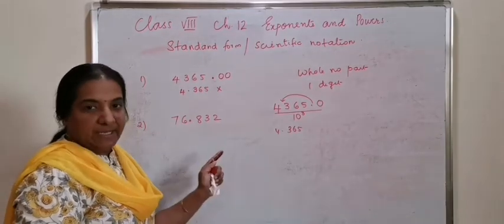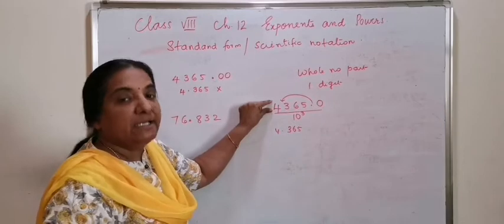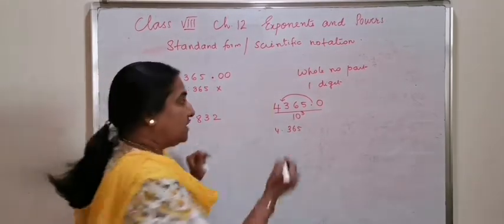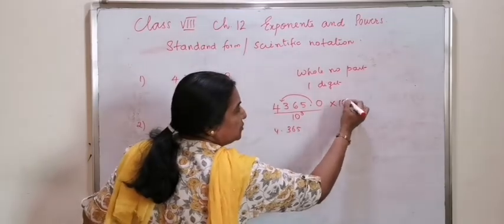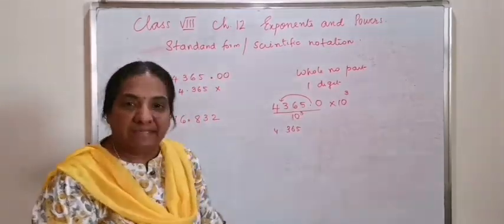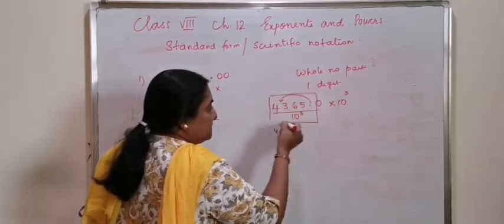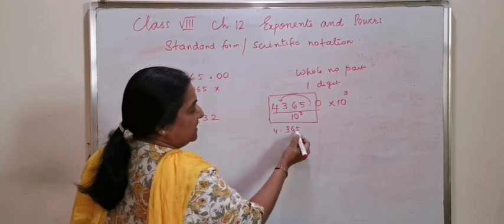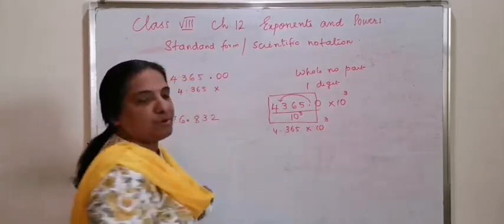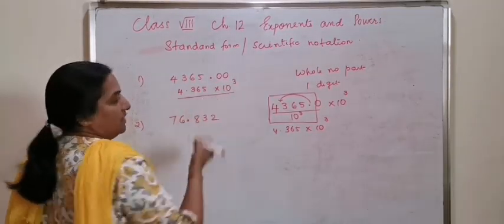At the same time, the value of the number should not be disturbed, should not change, which shows that you have to also multiply by 10 raised to 3 so that the balance is maintained. With this expression it has become 4.365 into 10 to the power of +3. That will be the scientific notation.